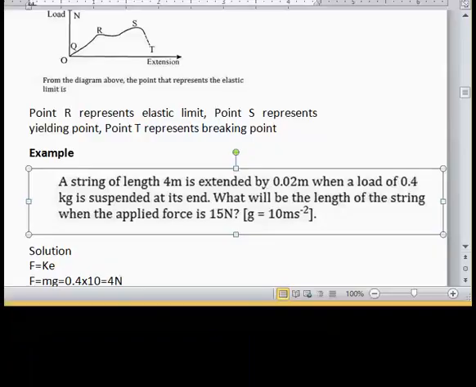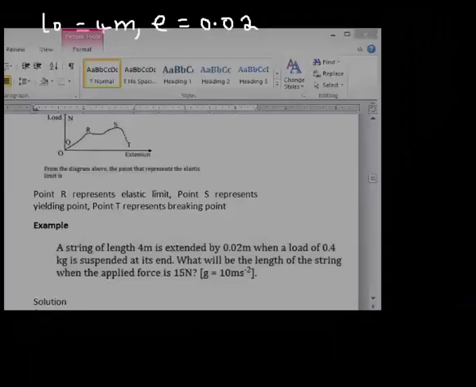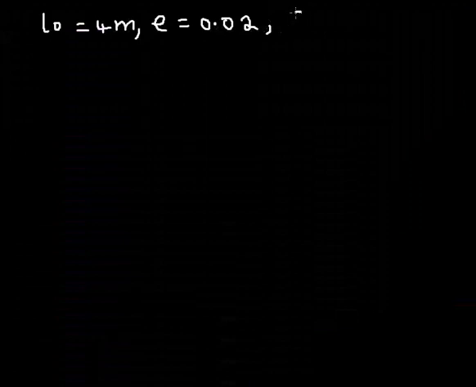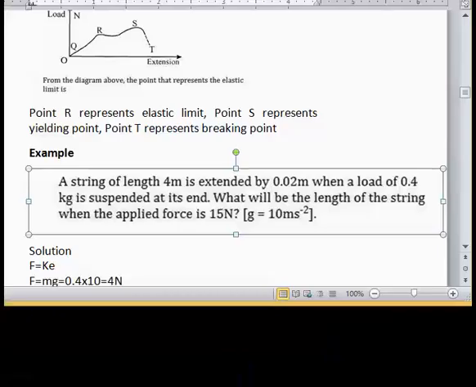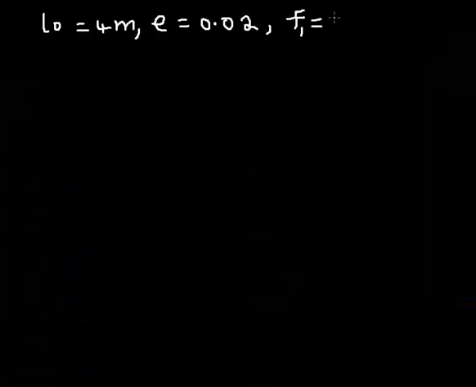When a load of 0.4 kg, so the force, let me call it F1 because I was told that two forces were applied to it. So it's a load of 0.4 kg. Remember, I have to convert the kg to newton because force is in newton. So I multiply 0.4 by 10, and that gives me 4 newton.